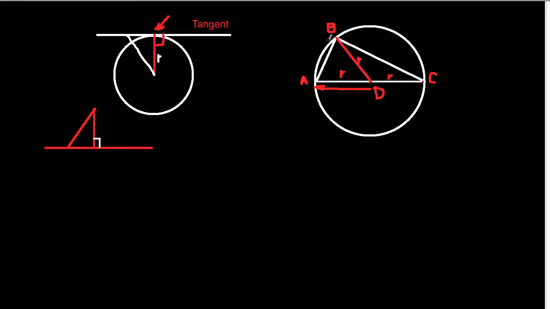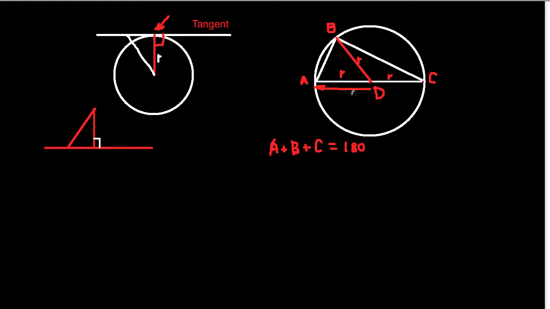So that means angle A plus angle B, which is this angle right across here, plus angle C, which is this angle, sum to 180 degrees. So let me write this down: A plus B plus C is 180 degrees.